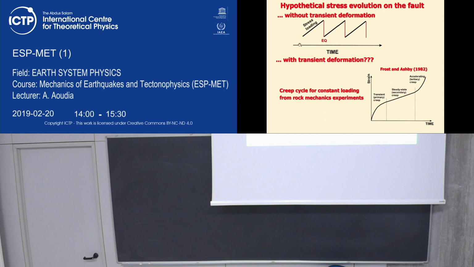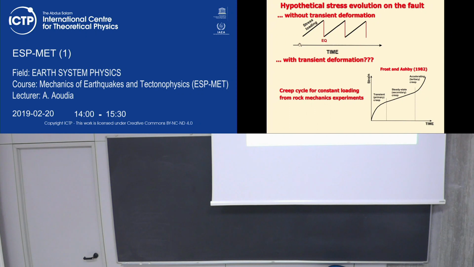You get first, your sample will start exhibiting, this is strain versus time, a very transient primary creep. And then it gets to a steady secondary creep, and then it accelerates before the rupture. This is what you learn from rock mechanics, okay?